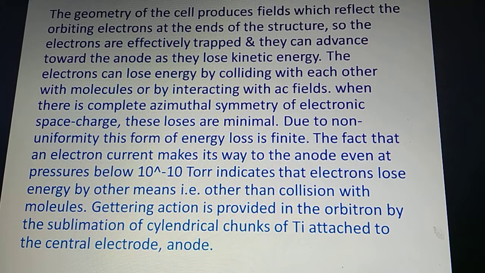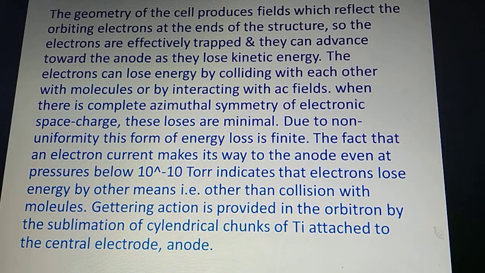and the fact that the electron current makes its way to the anode even at a pressure below 10 to the power minus 10 torr indicates that electrons lose energy by other means, other than collision with the molecules. Gettering action is provided in the Arbitron by the sublimation of cylindrical chunks.